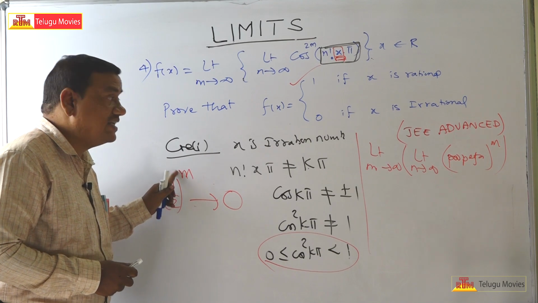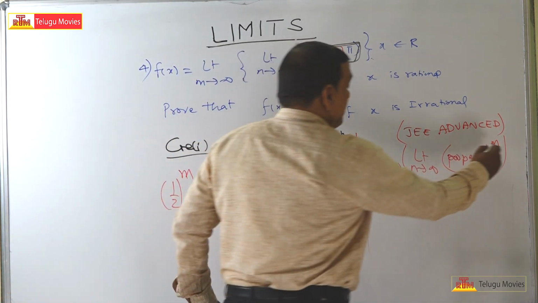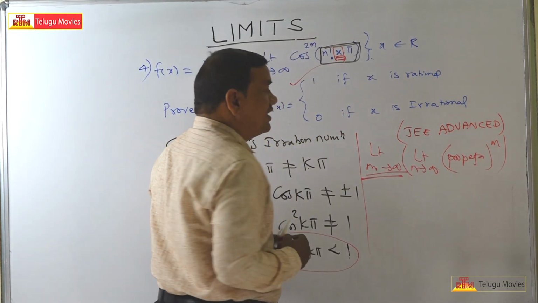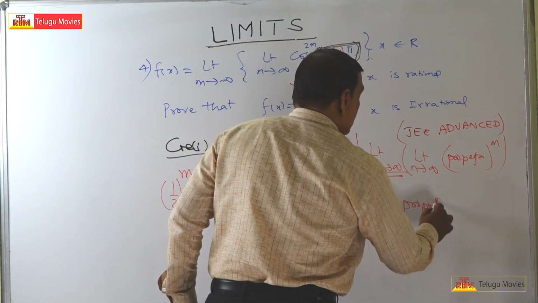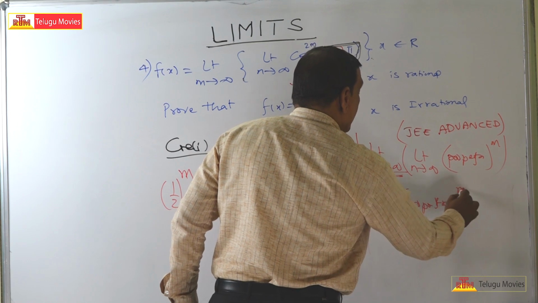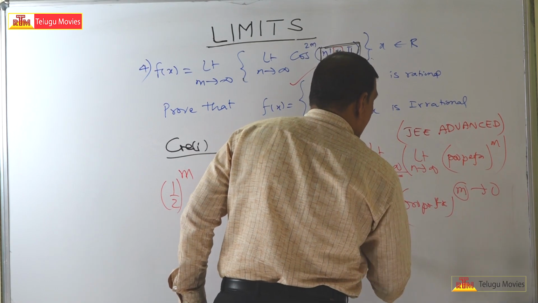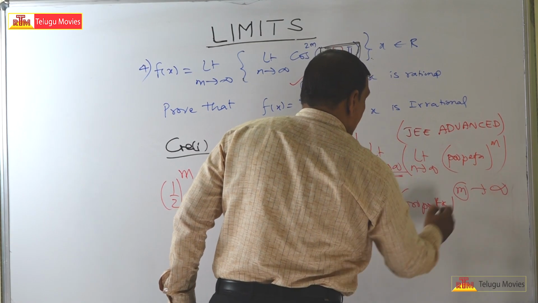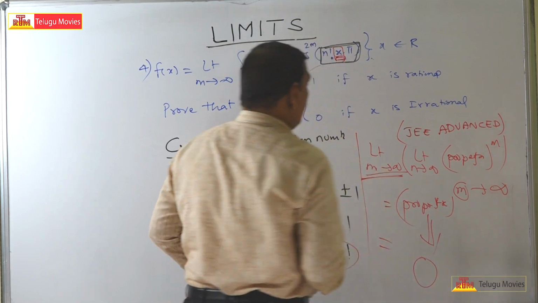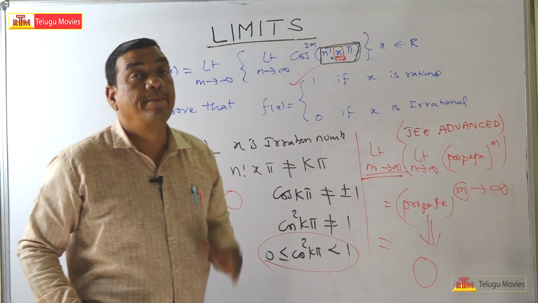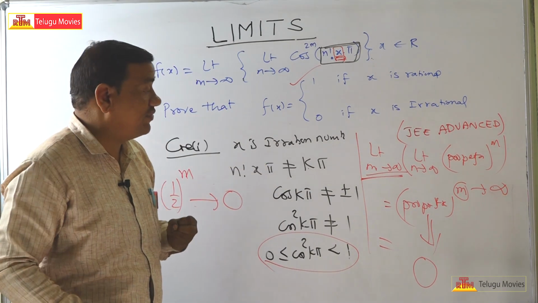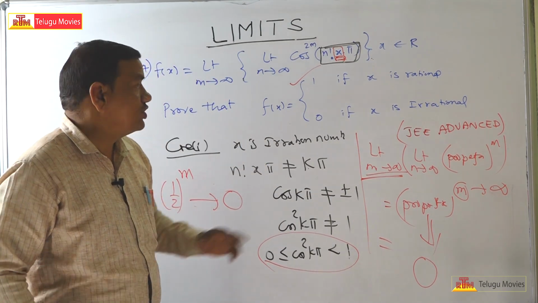If the power is increased here, that means m tends to infinity, no? Proper fraction whole power m, as m tends to infinity, total value approaches 0.